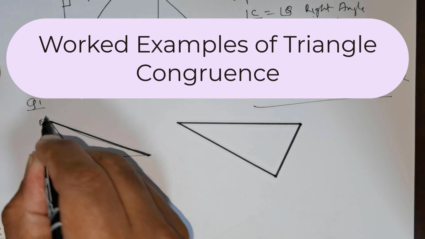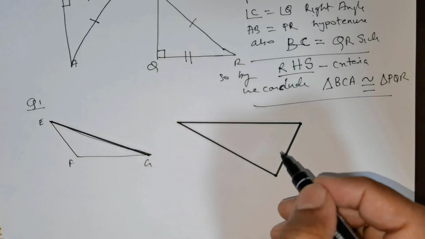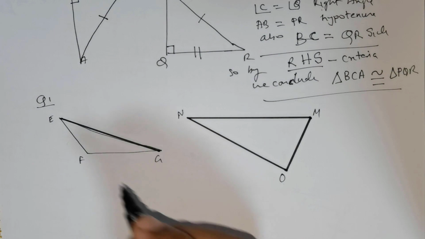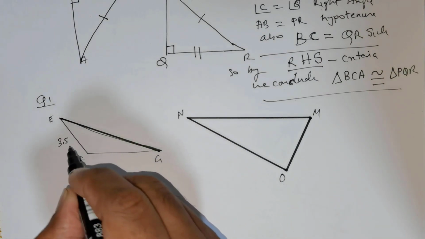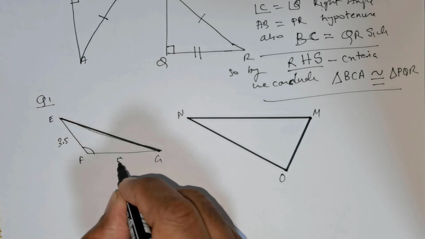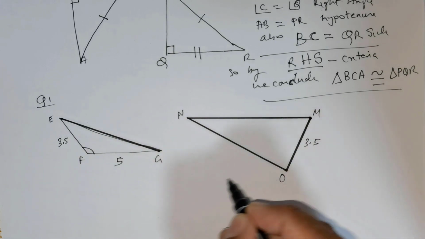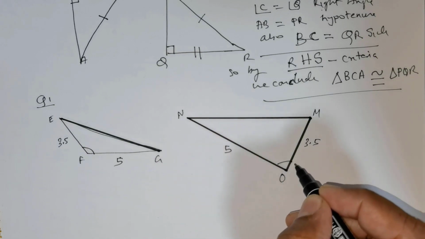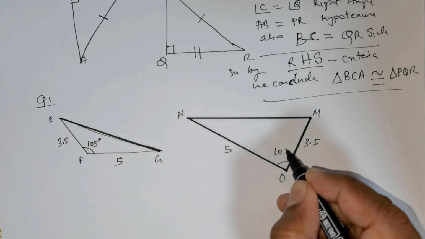So this is EFG and M and O, right? So you got, say, 3.5, and you got a triangle there, you got a 5 here, and 3.5 there, and you got a 5 here, and you got an angle here, and this angle is given to be 105 degrees and 105 degrees.